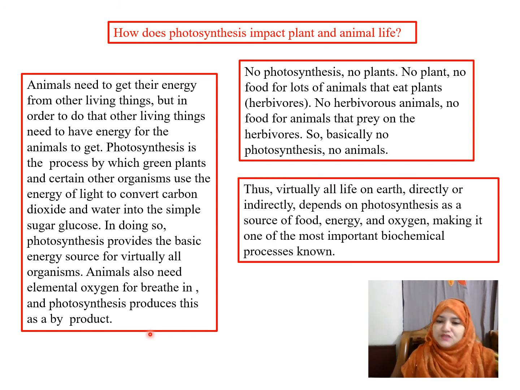Thus virtually all life on earth directly or indirectly depends on photosynthesis as a source of food, energy and oxygen, making it one of the most important biochemical processes known. That means photosynthesis is a vital process for the survival of animals and plants, very important for plant and animal life.